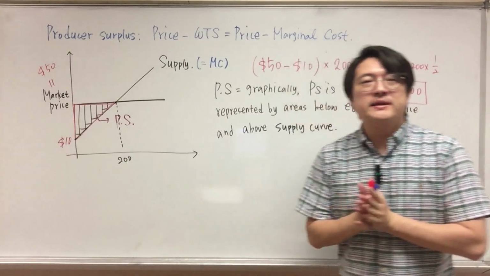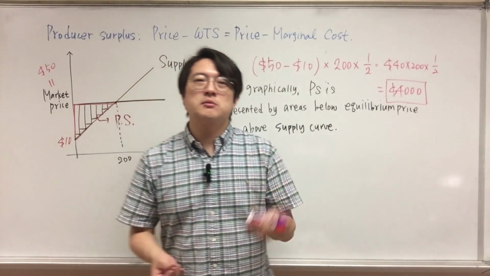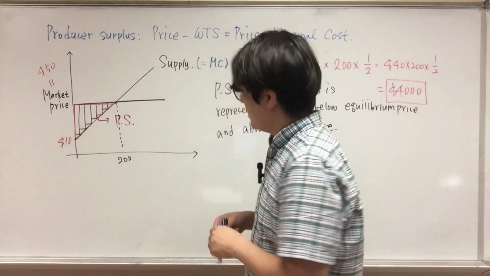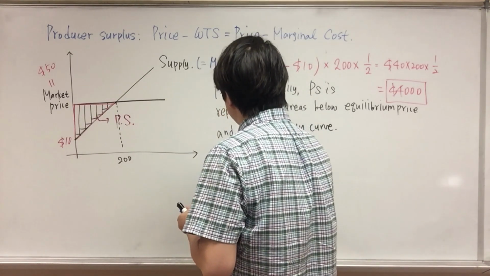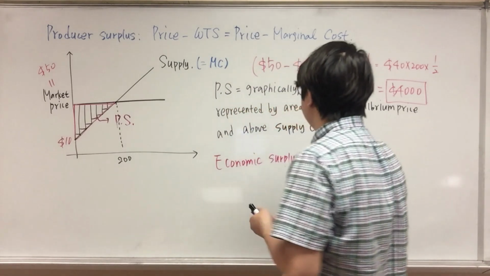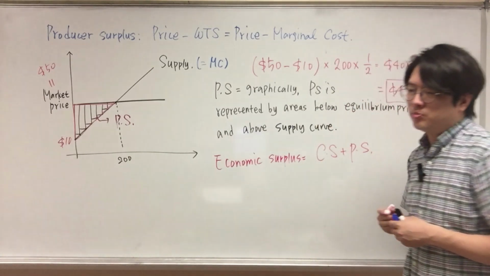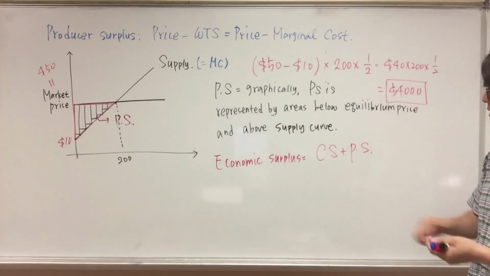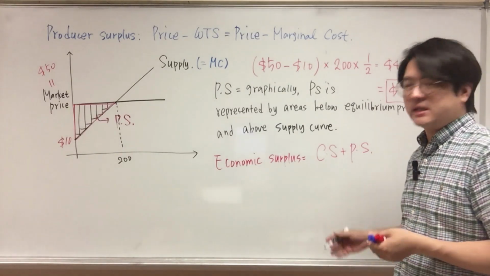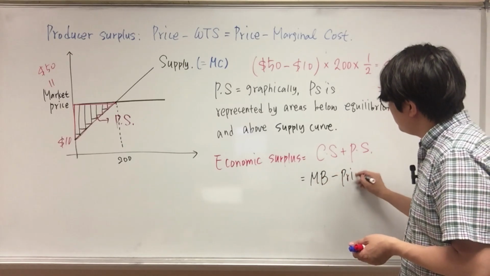So in the end, we need to find economic surplus. Economic surplus is the sum of producer surplus and consumer surplus. Okay, so what was the consumer surplus? Consumer surplus is marginal benefit, MB, minus market price.